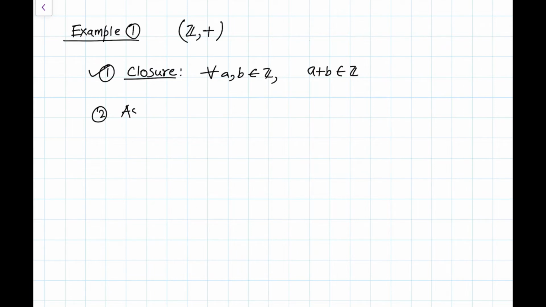Second, we check associativity. In Z it's very trivial because addition in Z is associative.